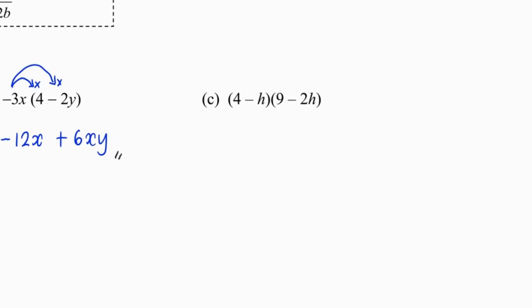And the last example simply means that we are going to have 4 multiplied by 9. Both are positive, so it's 36. 4 multiplied by negative 2h, negative 8h.